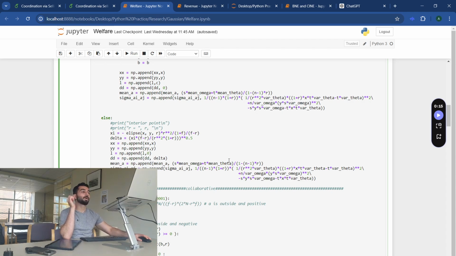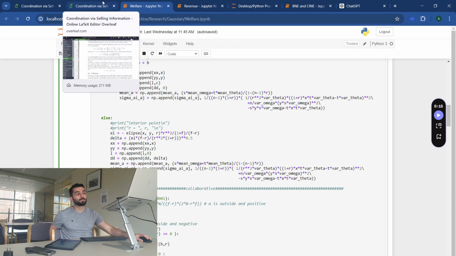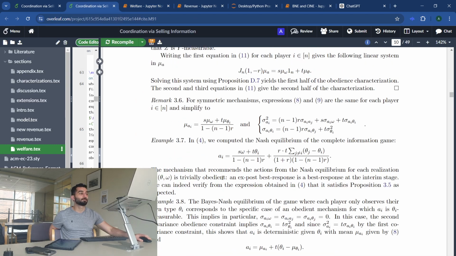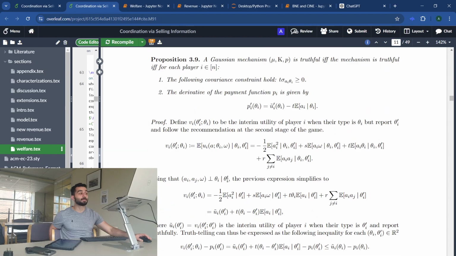Is sigma aj in welfare and revenue the same thing? Oh, it comes from the elliptic equation. That's why we don't have it here.